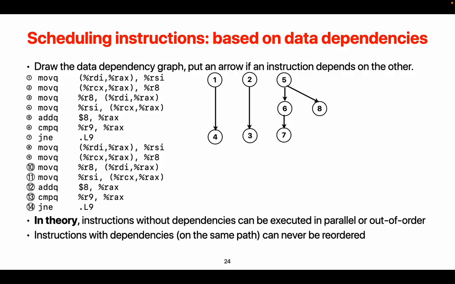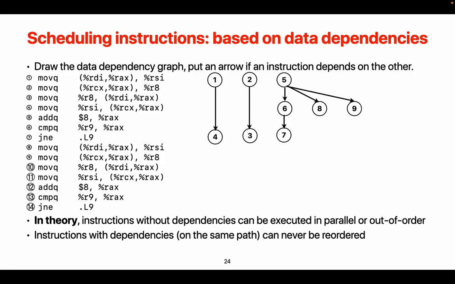How about instruction 9? Who is it depending on? Is it only depending on 5? Its input is what registers? RCX and RAX, right? So only RAX is modified. So only depending on 5, right? So how about instruction 10?